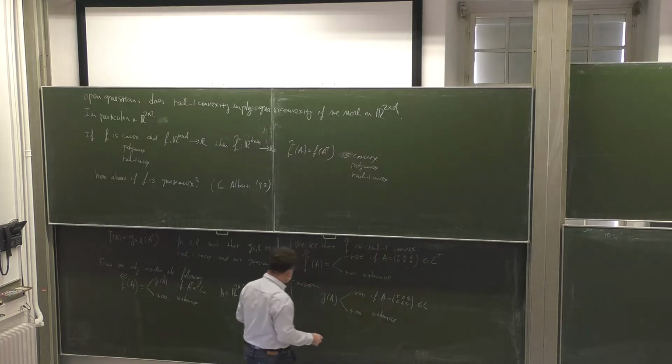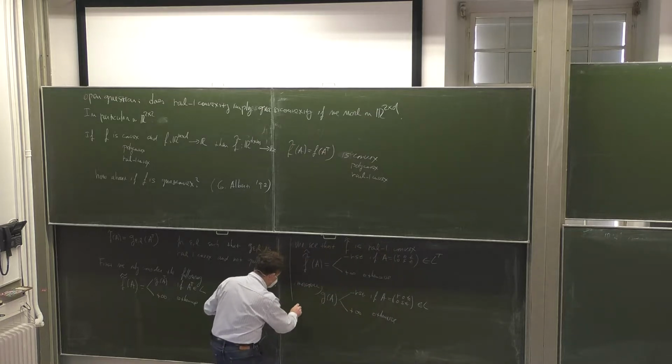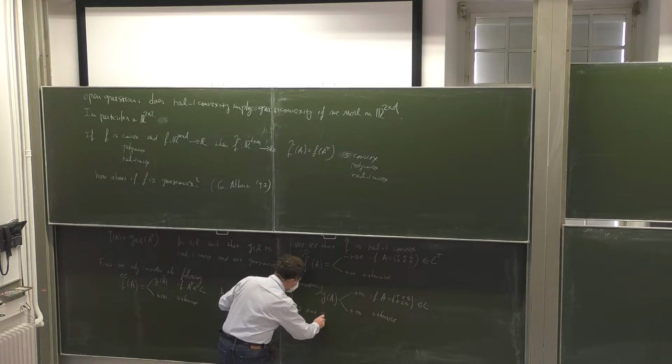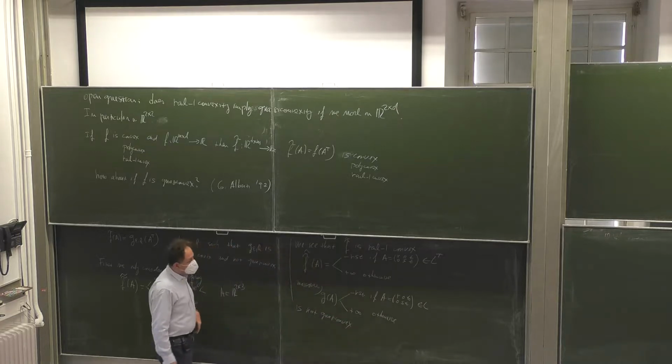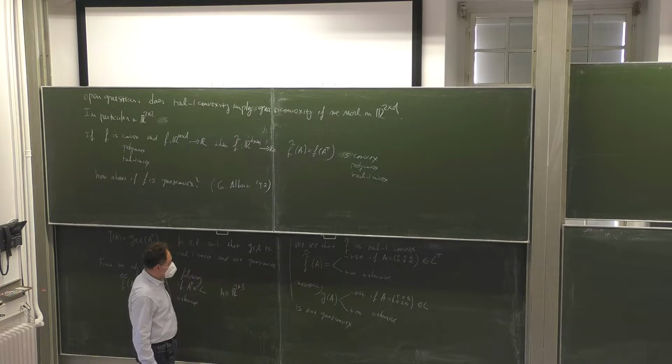So G is not quasi-convex, by the proof before.